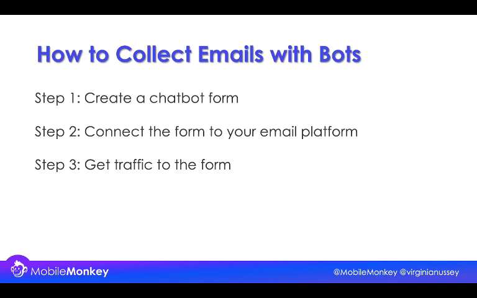And then step 3 is getting traffic to the form, because just like if you had an email collection form on your website, you would need to think about how to get traffic there, whether it's ads, SEO, or any number of partnerships and content marketing that you might be doing.